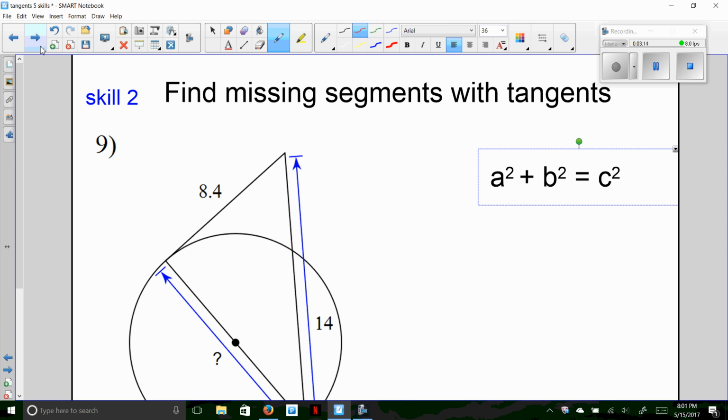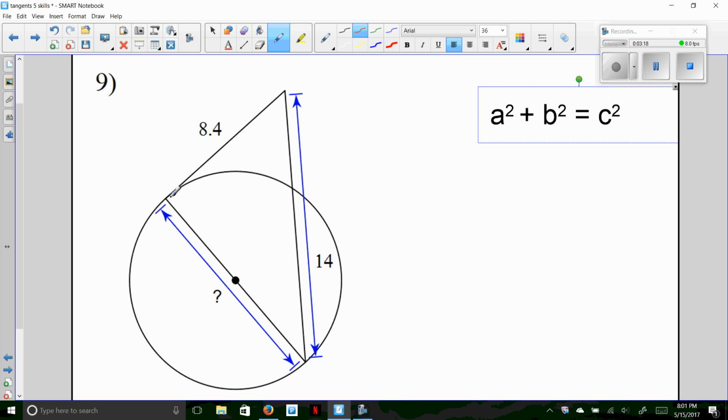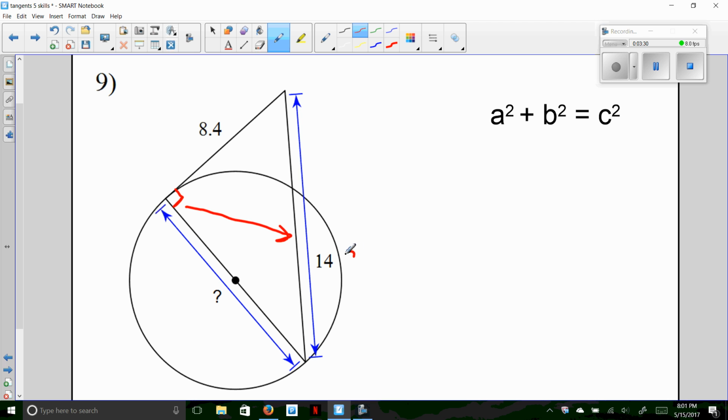The second skill is finding missing segments. You have to recognize the segment that is hitting the edge of the circle once, and recognize that is a right angle, and this is the hypotenuse.